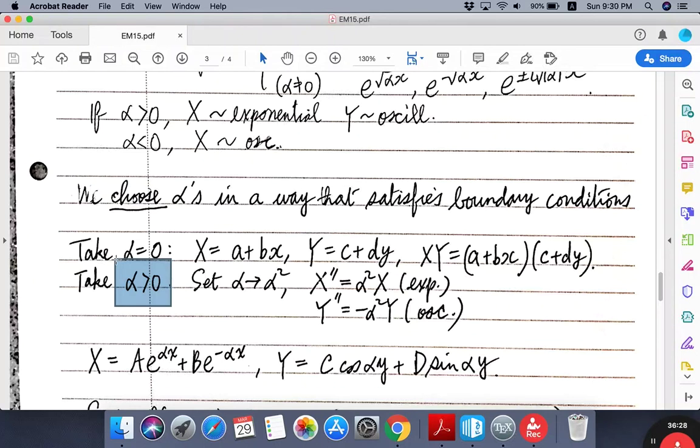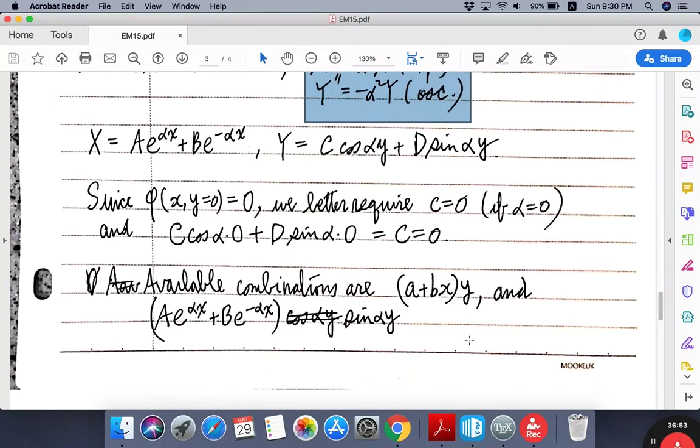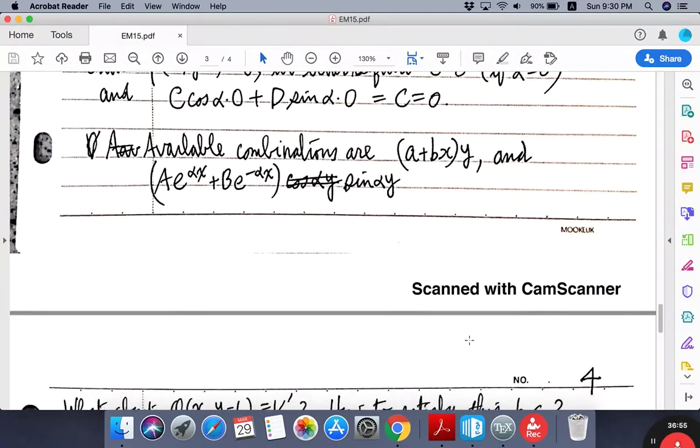But what will happen if we choose alpha to be negative? Then, instead of writing alpha, we can say minus alpha squared. So this equation will become an oscillatory equation, and this equation will become an exponential equation. So the roles of x and y will be switched.